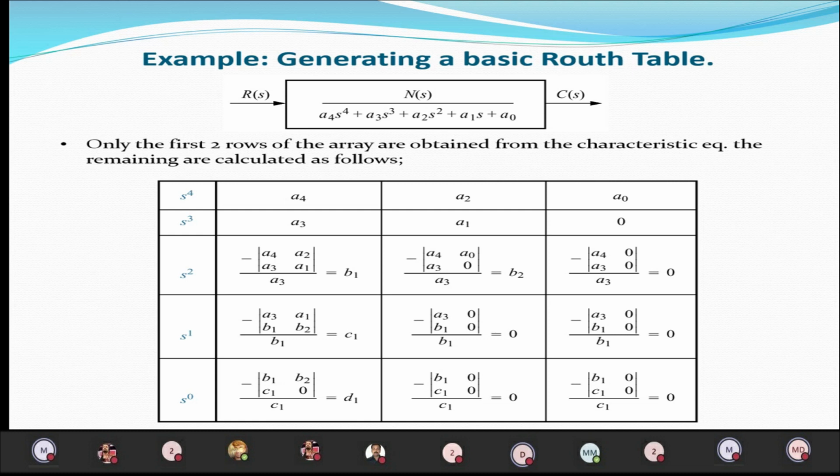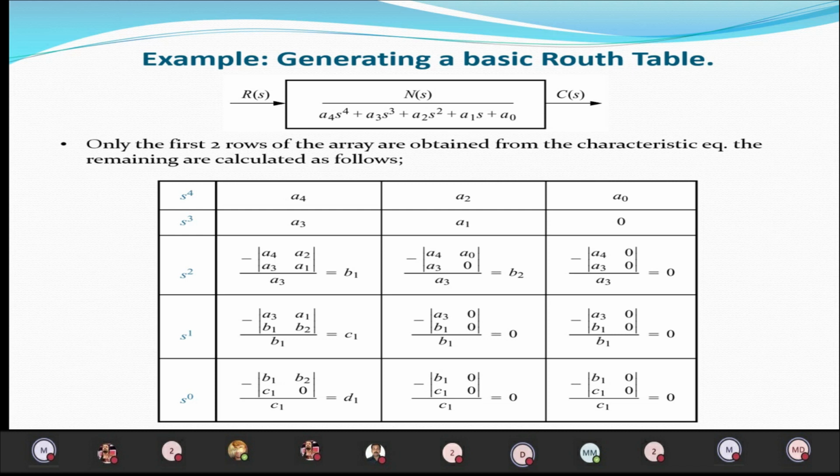Similarly, if you want to determine the middle column element in the S power 1 row, you leave the middle column elements, then consider only the first column and third column. You will be getting B1 into 0 minus 0 into A3 divided by B1. Okay, so like that you will be constructing all the rows.